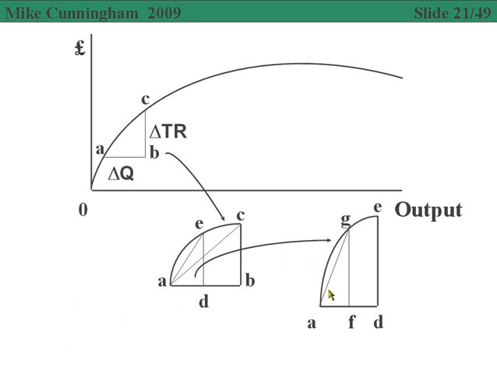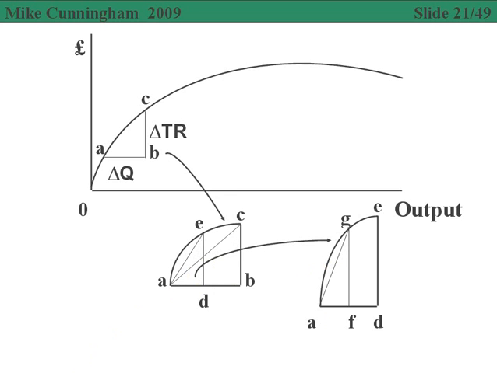AG has a new, higher marginal revenue, but again there's an error. You can see the gap between the true curve and the one I've drawn in. The gap is not as big as it was before. We started off with a horrendous gap, then it got smaller because we halved the distance. Now we're halving it again, and the gap is getting smaller. But we can carry on doing this on and on and on. We'll always have a gap.